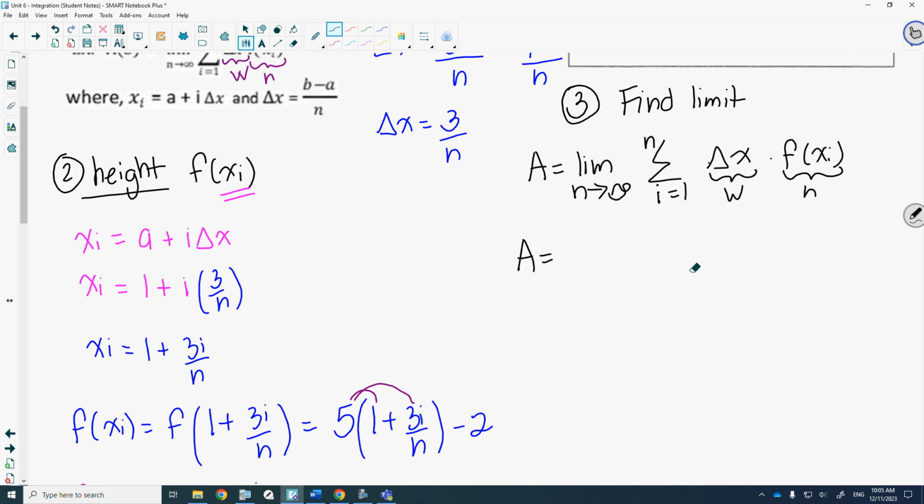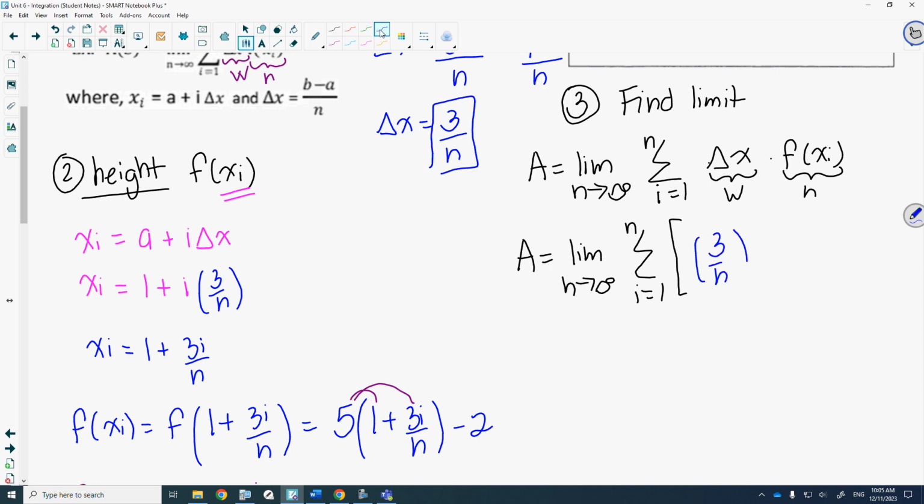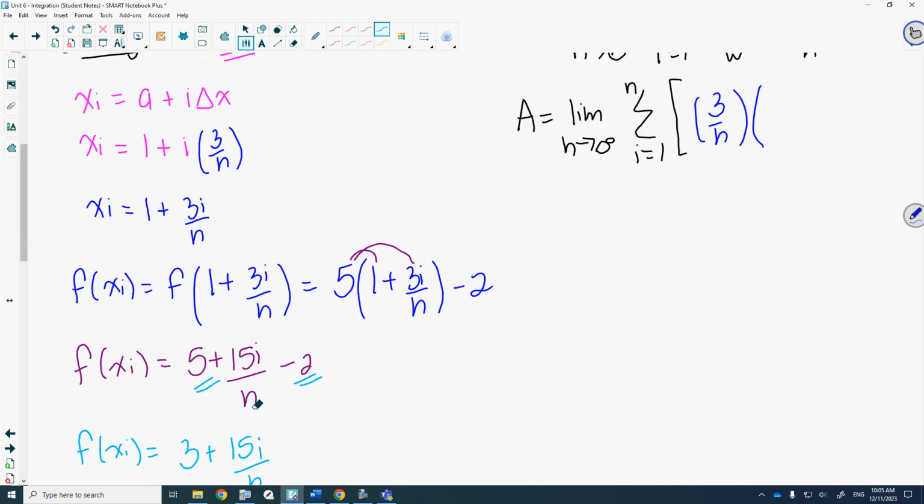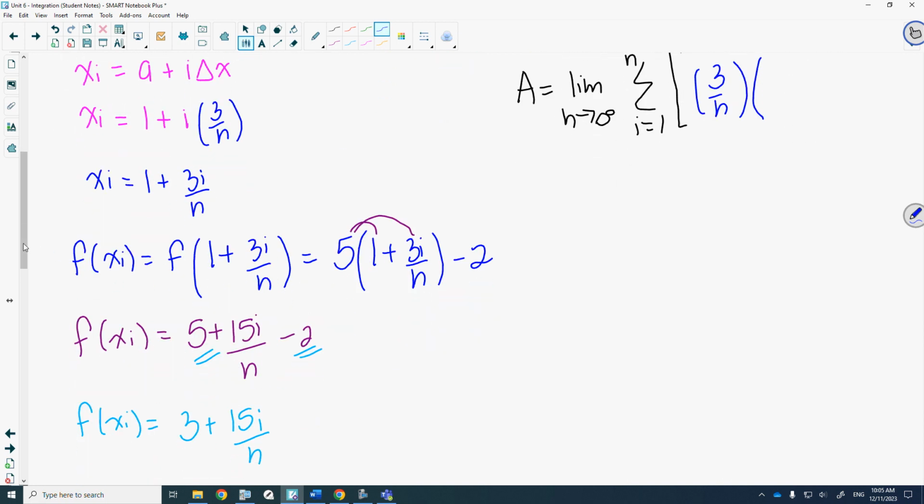So area is equal to the limit as n approaches infinity. Delta x, so the width of my rectangle, is represented by 3 over n, multiplied by the height of one of my rectangles, and the height of one of my rectangles is 3 plus 15i over n.